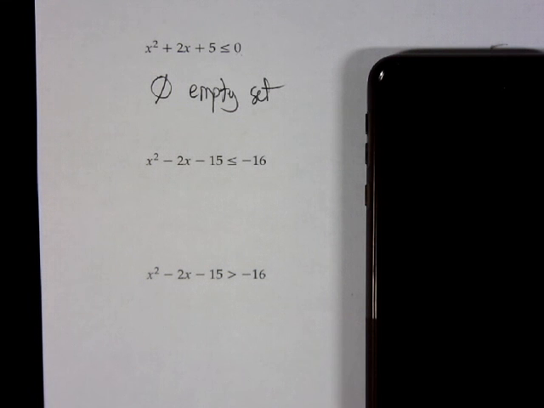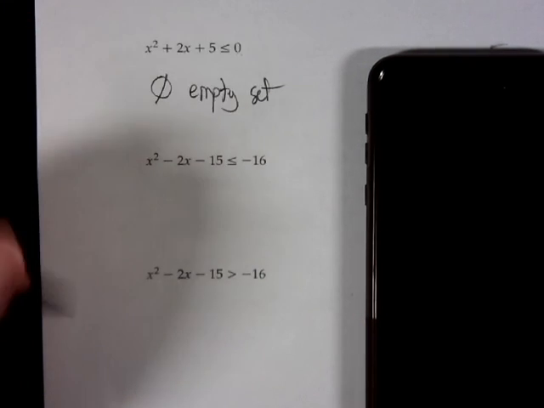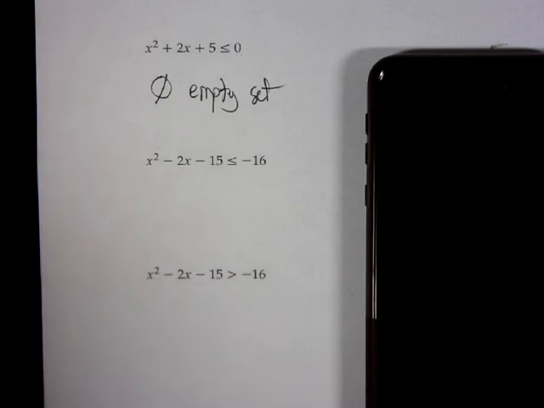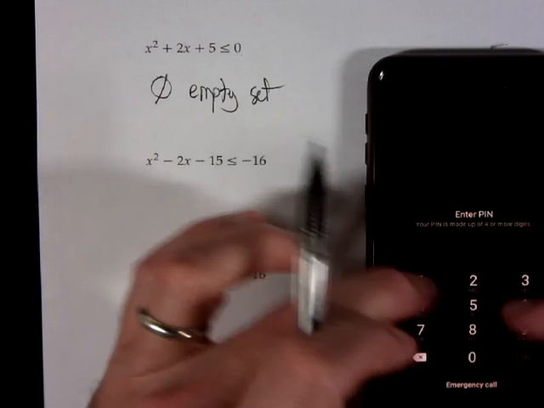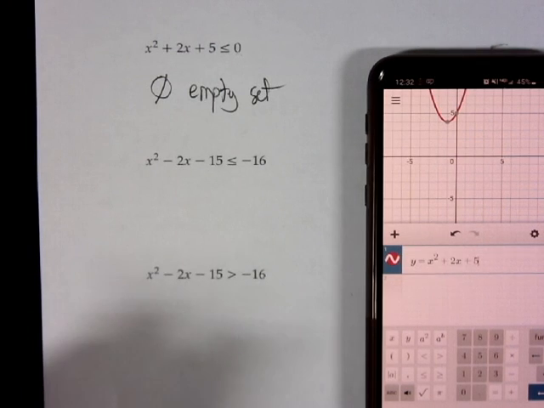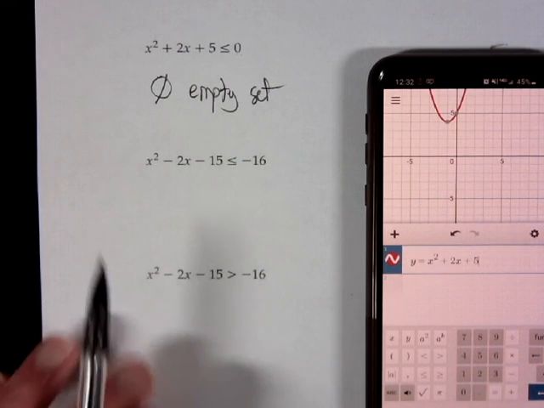All right? Okay, so when you see that, then that's the symbol for the empty set, meaning that there's really no intervals that would work as a solution to the inequality that you have, right? There's no place on this graph where the function is less than or equal to 0. So it's not less than 0, and it doesn't even hit the x-axis, not even equal to 0 anywhere.